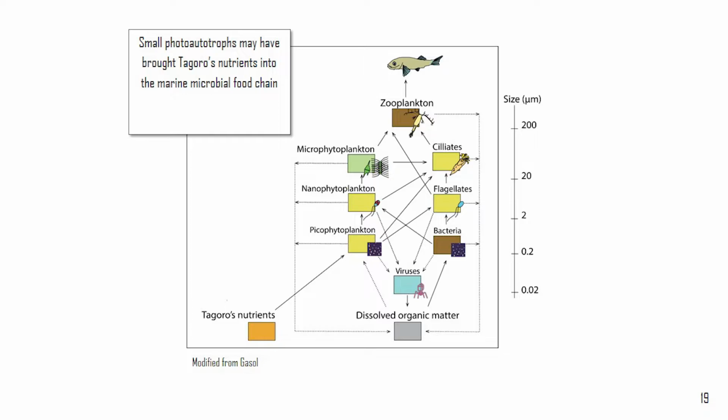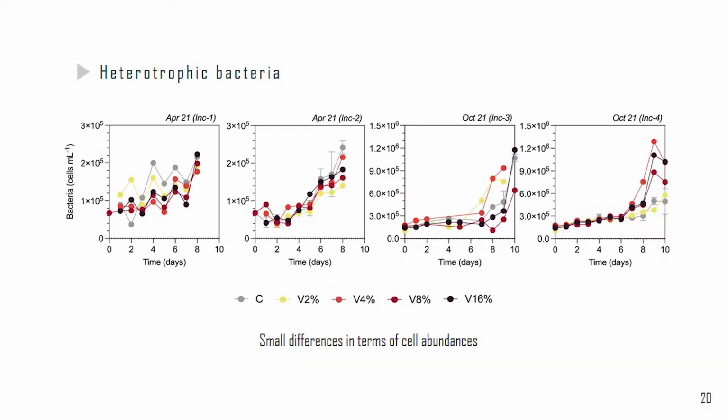So up until this point, we know that Tagoro's nutrients enter the microbial food chain by the picophytoplankton and the small nanophytoplankton size fraction, and at some point it might be transferred to higher trophic levels by grazing or detritus. So I will go really fast with this.